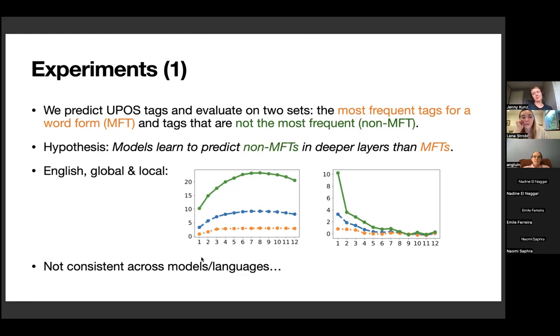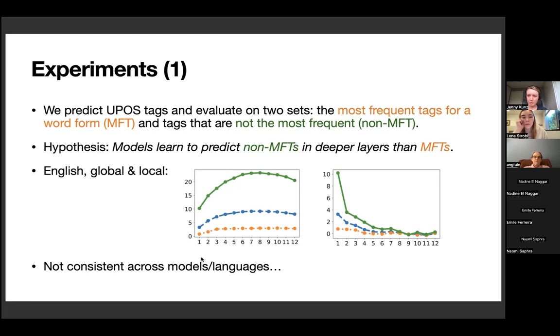In the first group the tag can be predicted from the word form alone, and in the second we have those that actually require context, because with word level statistics alone it's not possible to predict them correctly.